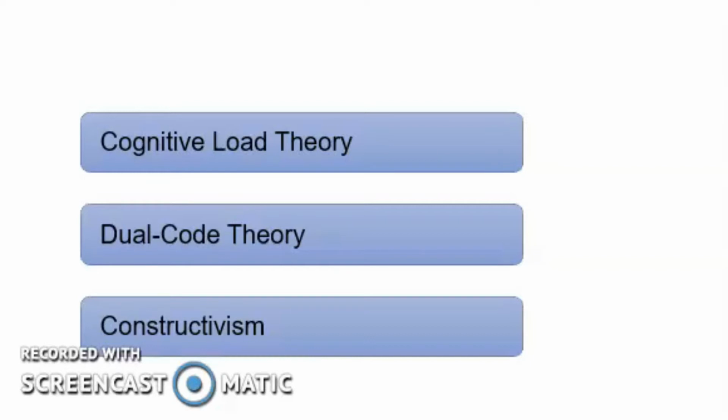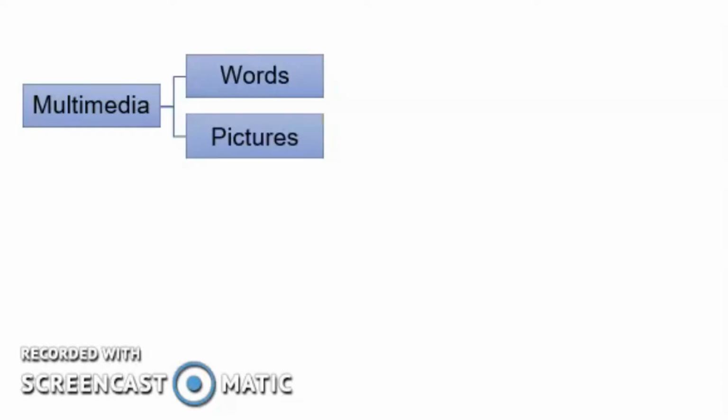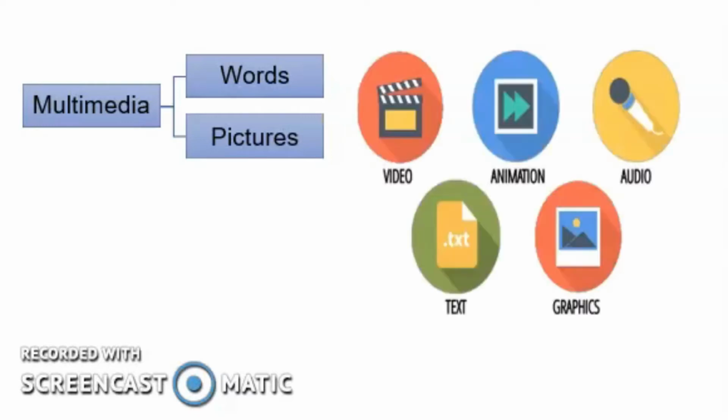So let's see what this is about. Starting with multimedia. What is multimedia? As the name suggests, it is using multiple mediums like words and pictures together to foster learning. It can have videos, animations, audio, written text, spoken text, and graphics.